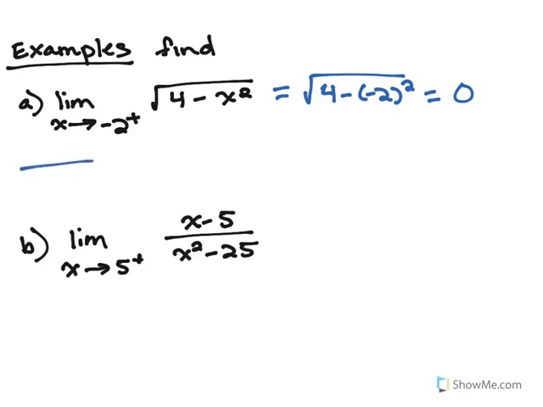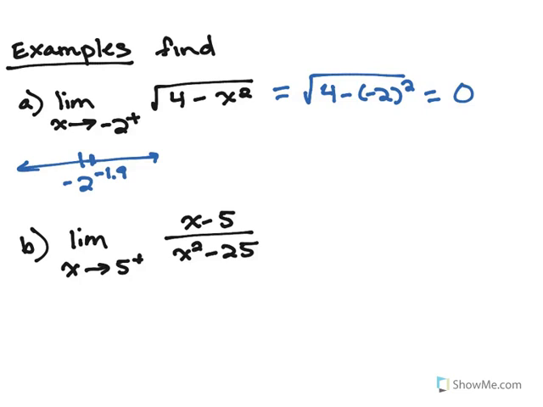Now, I'm a visual person. So whenever I'm doing one-sided limits, I make a number line. What is a number a little bit to the right of -2? Just a little bit to the right. Let's go -1.9.